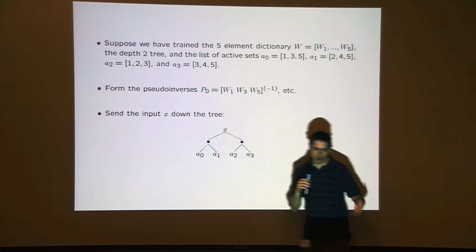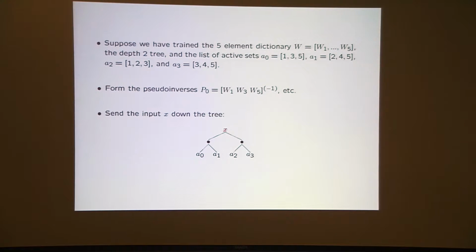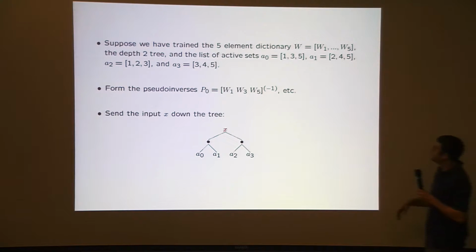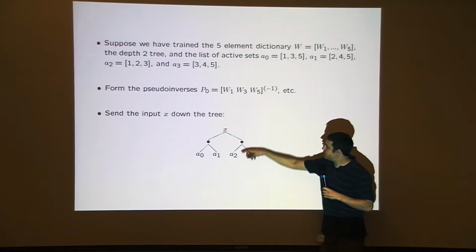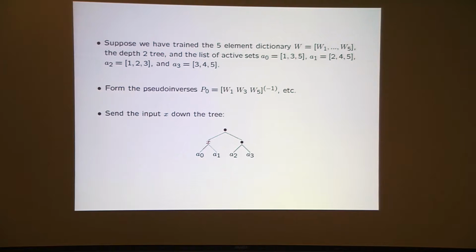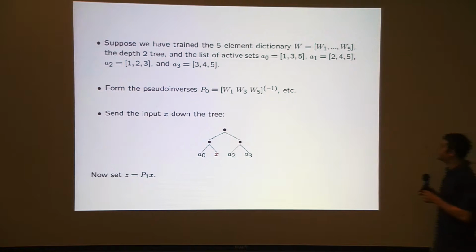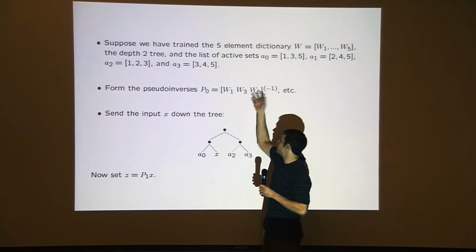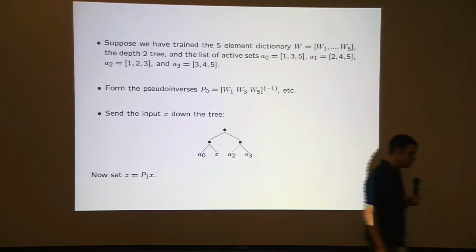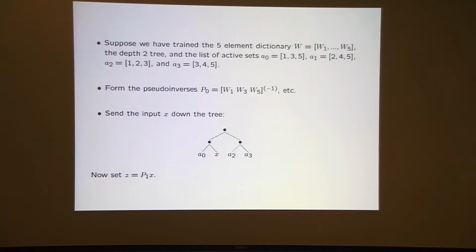Right now I'm talking about the L0 coding problem. Then we just pass x down the tree. So x gets sent down the tree. It got sent to A1. So now we just have to multiply x times the pseudo-inverse that we've remembered for that node.